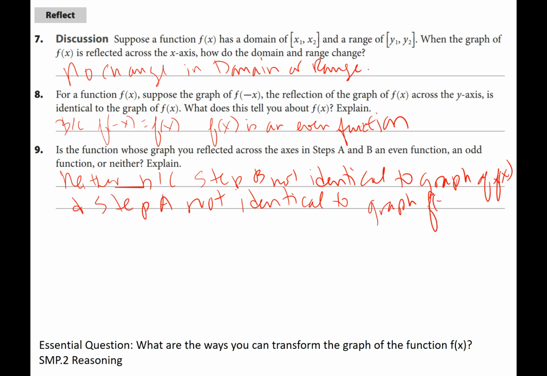Sorry. Yep, no, it's negative on the outside, negative f of x.